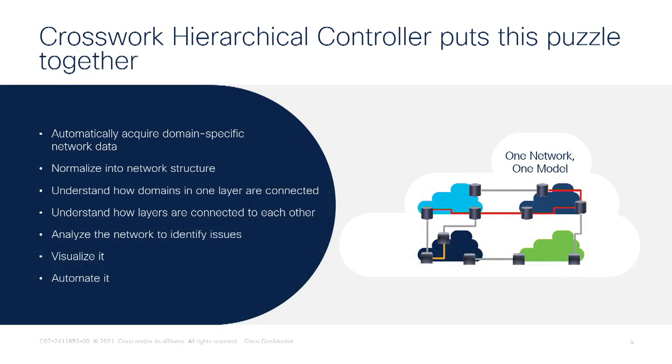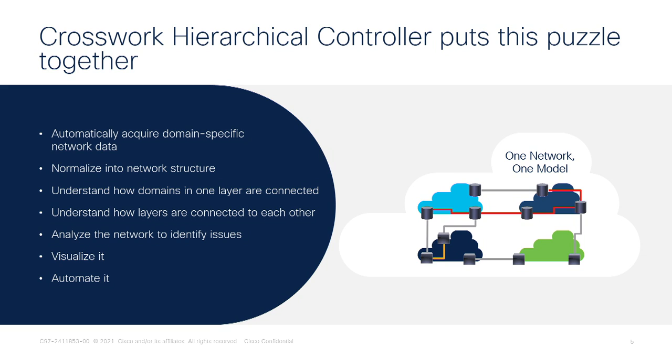It's focused on the different parts of the network that connect to other parts of the network. Meaning, how does a router connect into the optical network? How do different optical networks connect into each other? How does the aggregation network connect into the core network? All of those places at the borders of the network management sphere of concern are the different puzzle pieces that the HCO is bringing together.